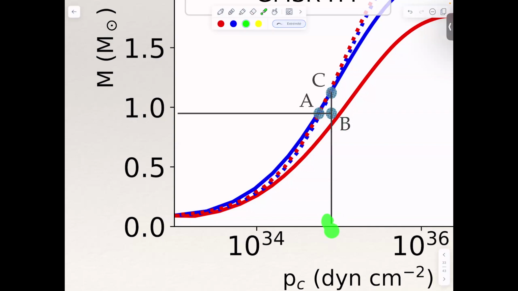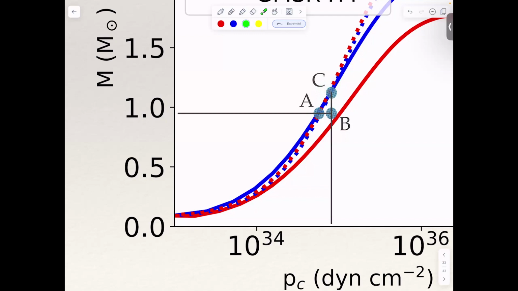I figure out what this pressure is inside my system, and I go up, and you see I go to point C, which is the equilibrium configuration associated to the pressure of my point B, which is a perturbed star originated from point A.